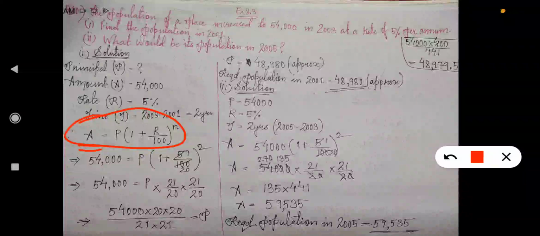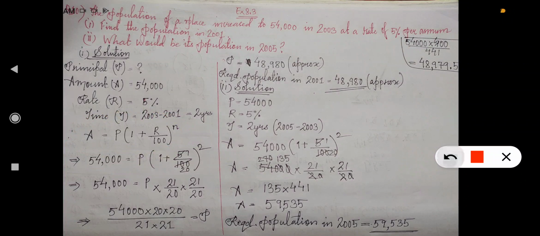Amount equals P times (1 plus R by 100) to the power n. Now let's substitute the values. Amount is 54,000. Principal we don't know. Rate is 5%. Now we need to reduce it. 5 ones are 5, 5 twenties are 100. Now 20 into 1, 20 plus 1, 21. So here is the square, so 21 by 20, 21 by 20, 2 times.